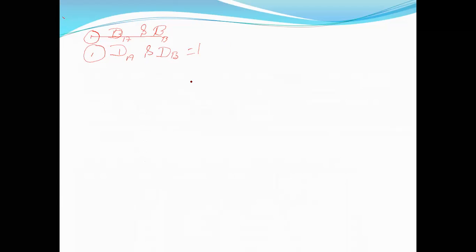Remember, I told you this. If we want to calculate the duration, the first point to take into consideration is the time to maturity of the bond. If the time to maturity of the bond is equal to 1, then the duration for such bonds will always be equal to 1.